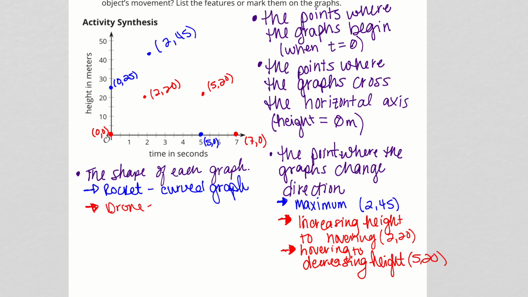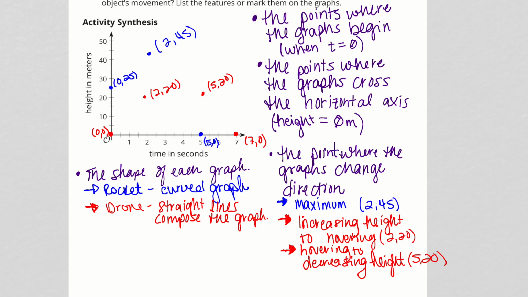So we're just going to call that a straight graph. Let's just say straight lines compose the graph. Okay. The intervals when the graphs behave certain ways. So that could be kind of like over here where we were talking about the maximum and then the increasing height to hovering and then the hovering to decreasing height. And then I think that's good for that one.